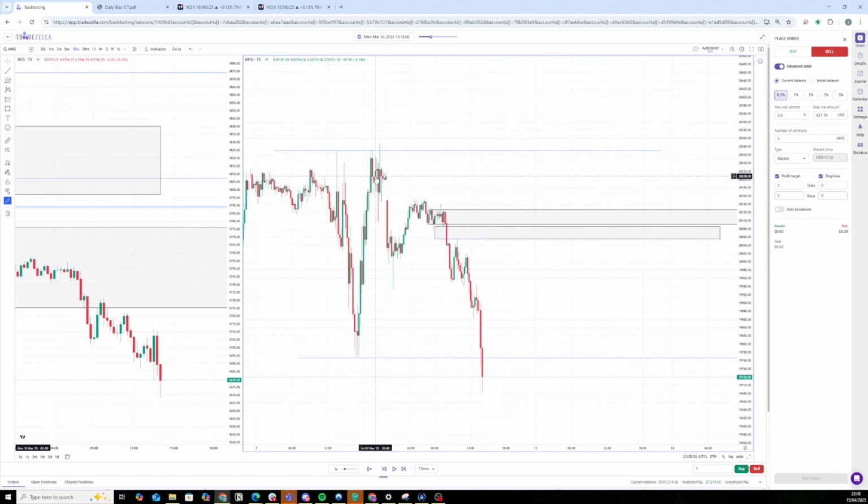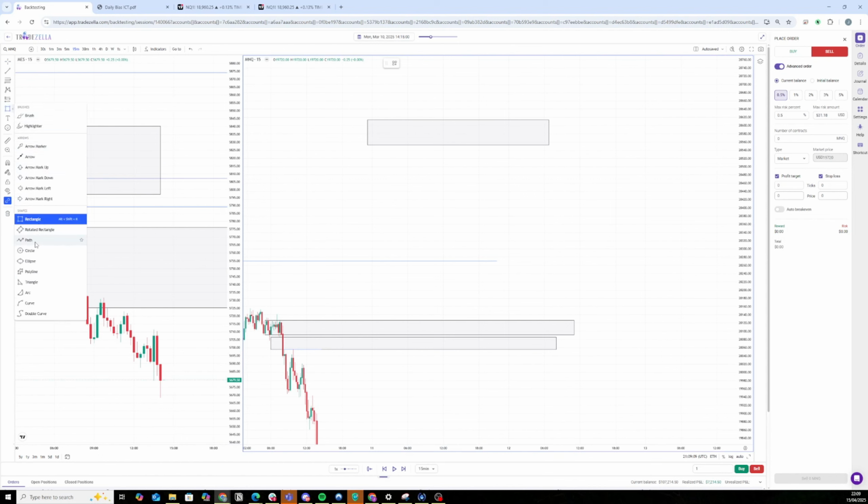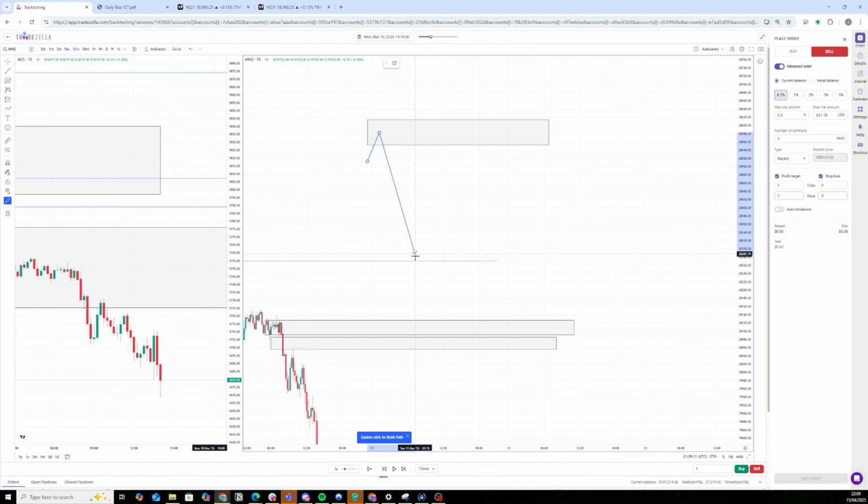What is a stronger target for entry, fair value gap or order block? Order block will give you 9 times out of 10. For a high probability order block, you want to see something like this. Imagine this is your order block. A really high probability order block will look something like this.